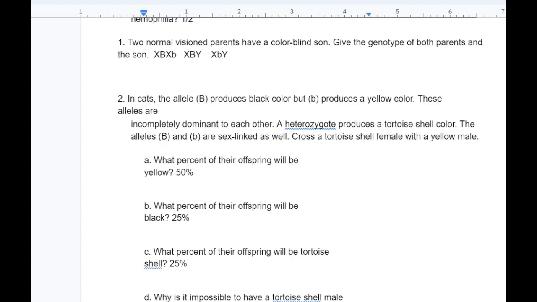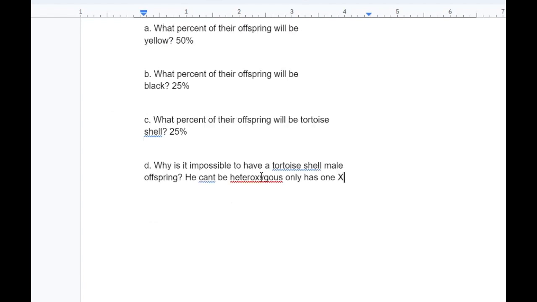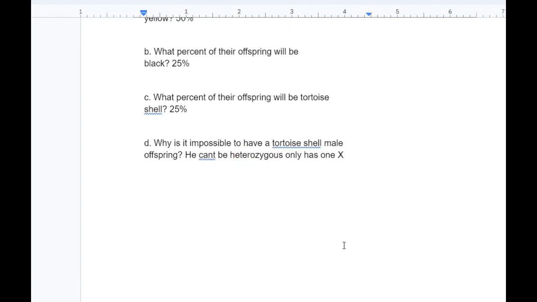He can't be heterozygous. Because why? He only has one X. All right. I didn't even spell that right. All right, there it is. And we're done.